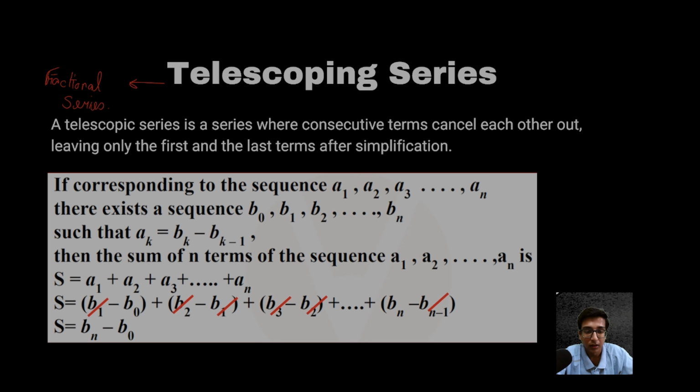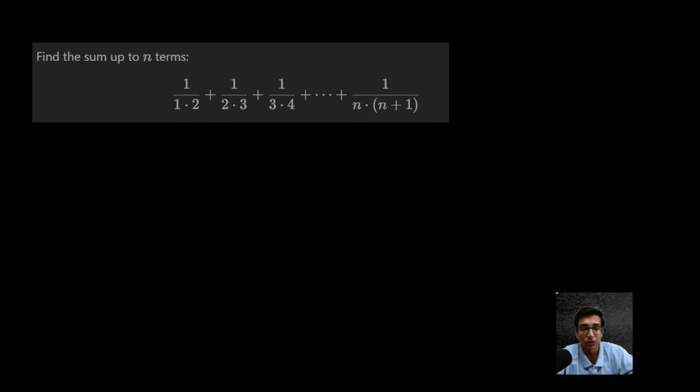Similarly, we can write for the rest of the terms as well. Now here all the negative terms and a few of the positive terms get cancelled out. You see only the second term and the second last term have been left out, which are Bn and B0, and through that we can find the sum of these series. Let's look at an example to understand this concept more.